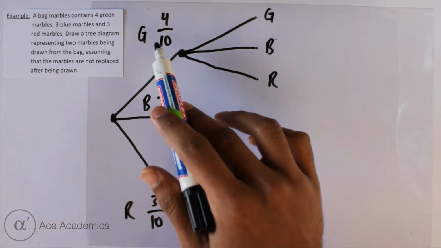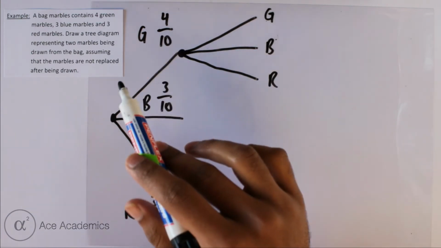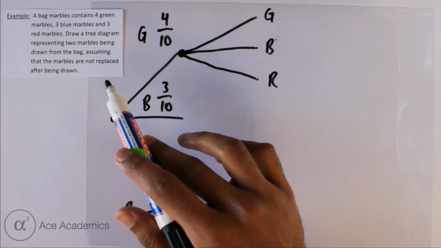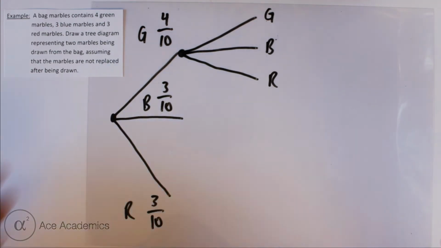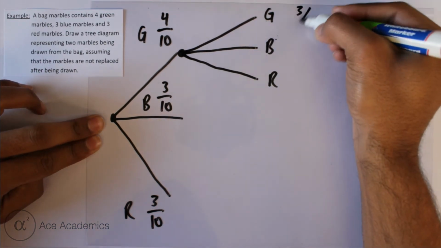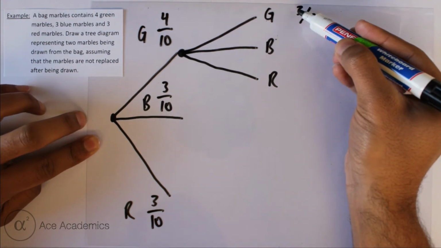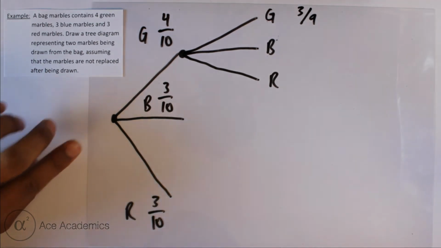So if we drew a green marble, now there's a total of 3 green marbles left in the bag because there's no replacement. And now the total number of marbles reduces to 9. So drawing a second green, the probability of that now becomes 3 over 9, because there's 3 green marbles left and there's only 9 in total.